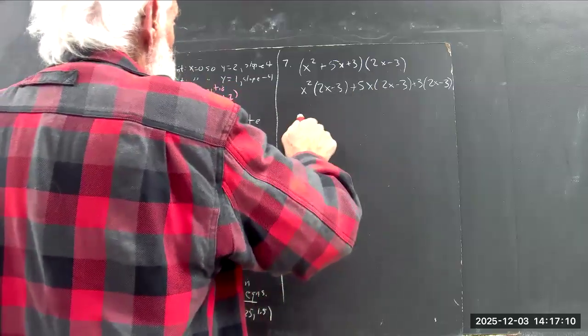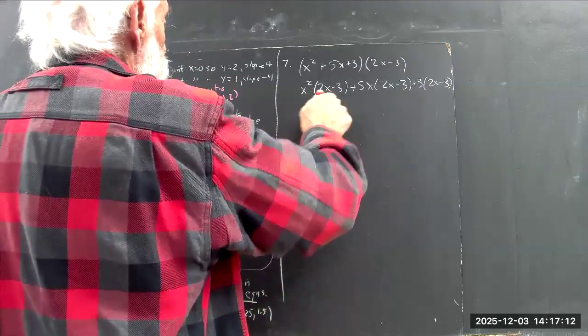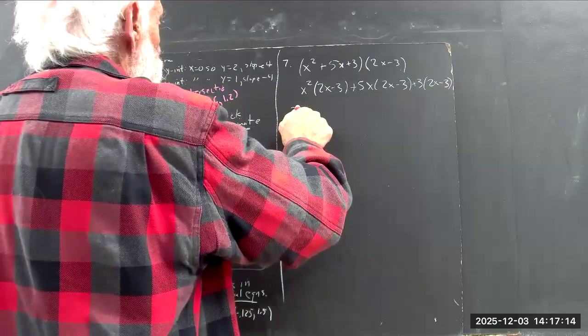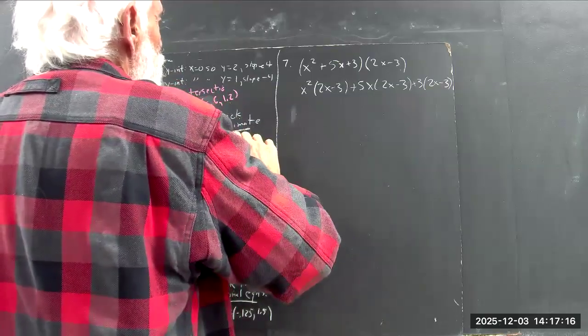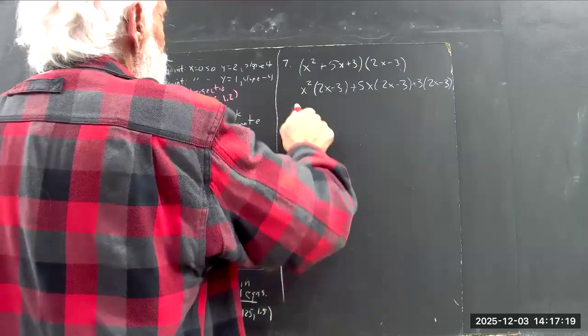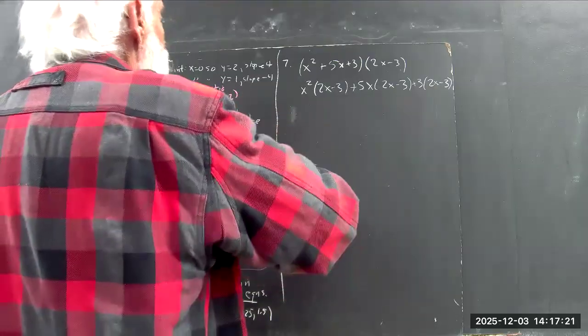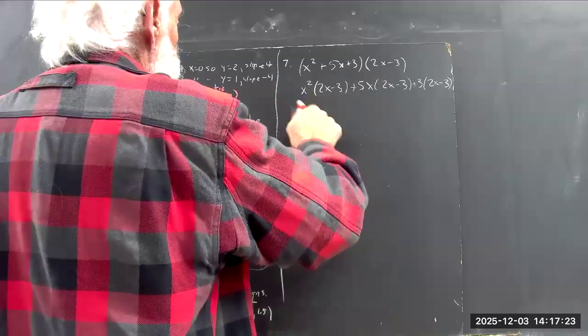If we multiply these out, x squared times 2x gives me 2. Well, I'm going to write this out in detail.